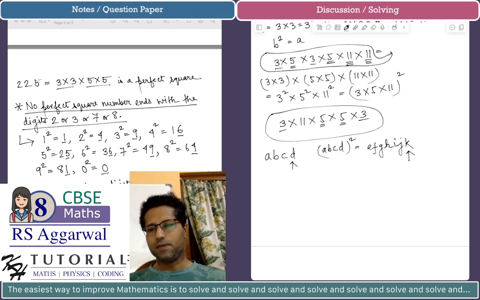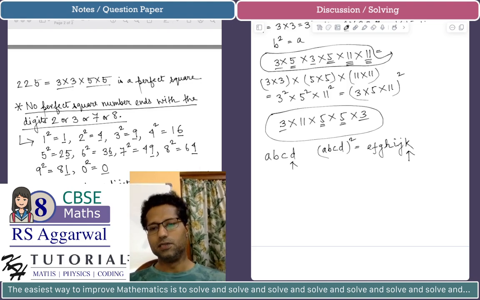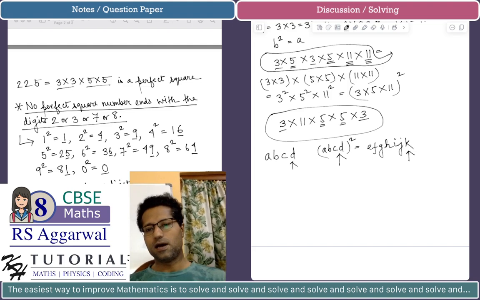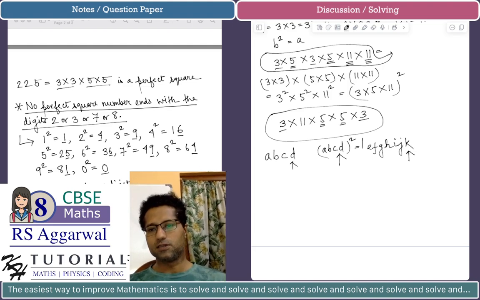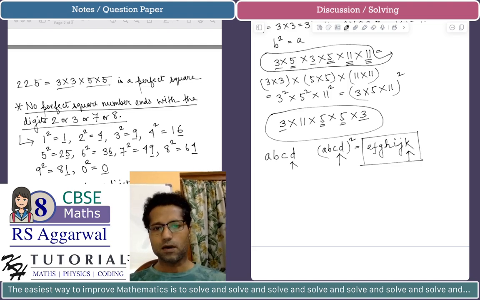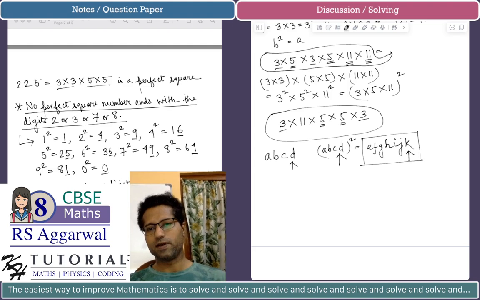Now what are the possibilities of the digit K, given that we are given ABCD? K will obviously depend on the digit D, which is the digit at the units place of the given number, whose square is E, F, G, H, I, J, K. So just by looking at K, you can tell whether it's a square of any number or not.